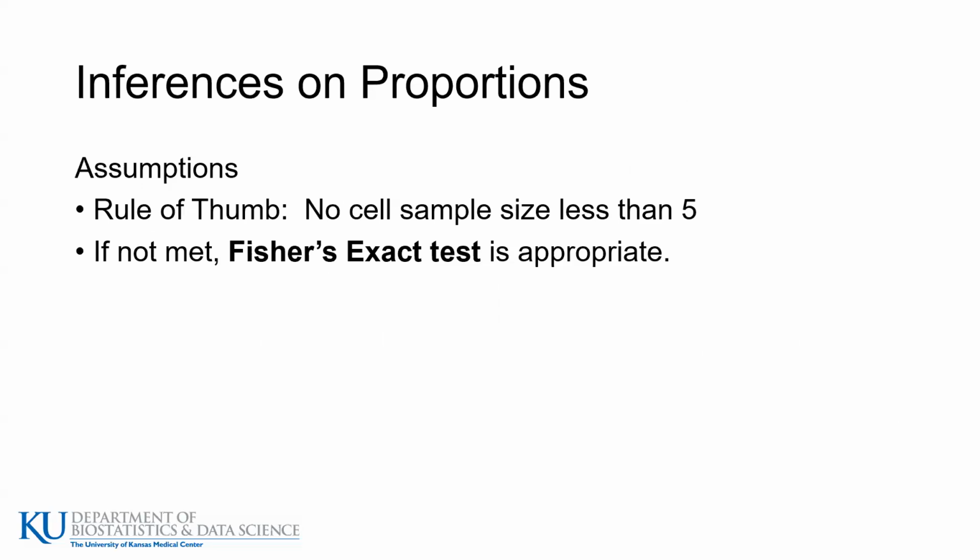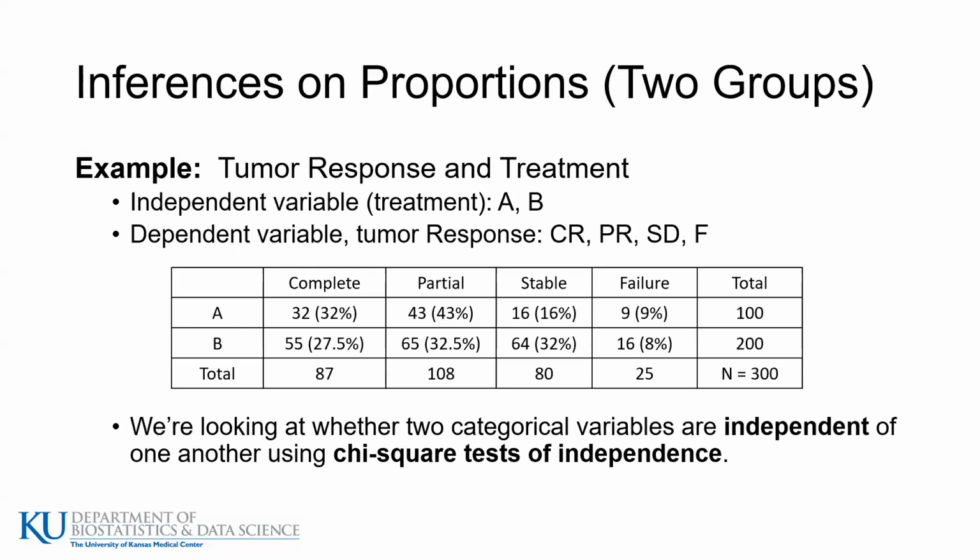Like I said, you want to test the assumptions. An assumption of the chi-squared test is that no cell sample size is less than 5. The cells in this case are the counts within each of these cells. So there were 32 patients who received treatment A and had a complete response.